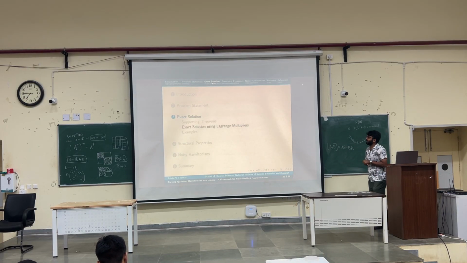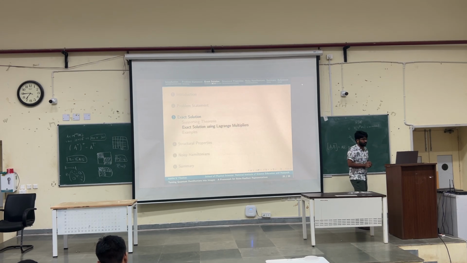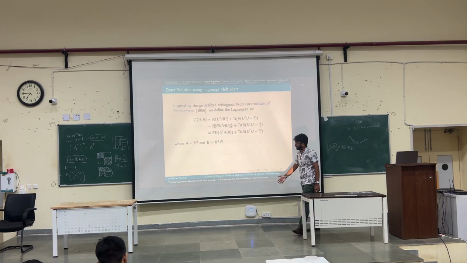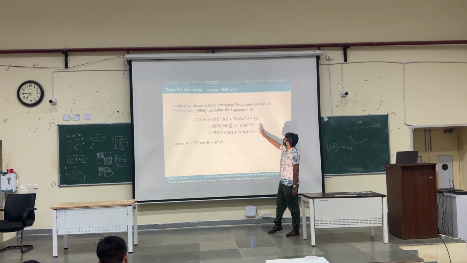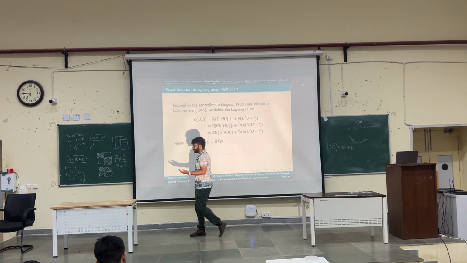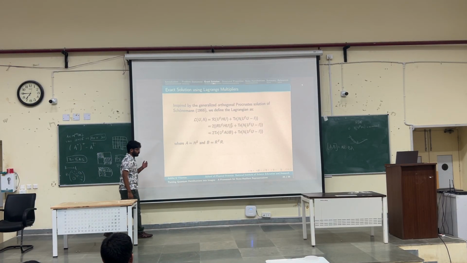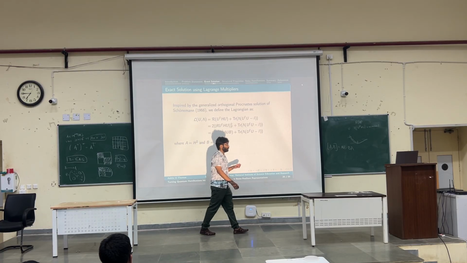So now let me illustrate the exact solution using Lagrange multipliers. This solution is inspired by the generalized solution to the orthogonal probabilities problem by Peter H. Schonemann from his 1966 paper.